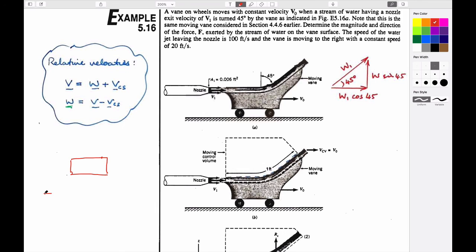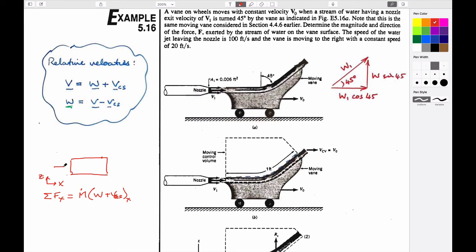What you need to do is resolve forces in the x direction, which means you resolve mass flow rates multiplied by relative velocities and the control surfaces, CS's, also in the x direction. So if you're looking at what it does horizontally, then you only need to resolve in the x direction. These forces would be positive in the coordinate directions.